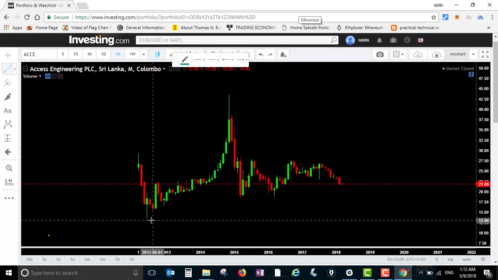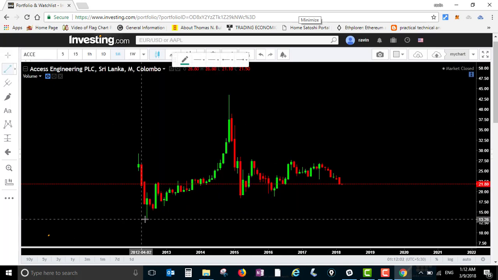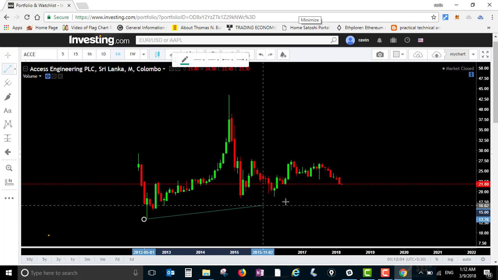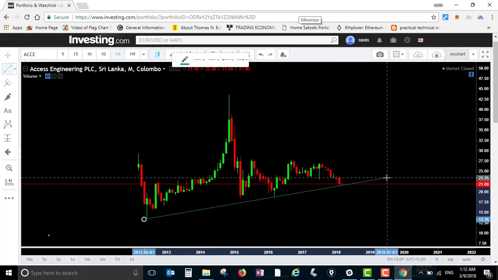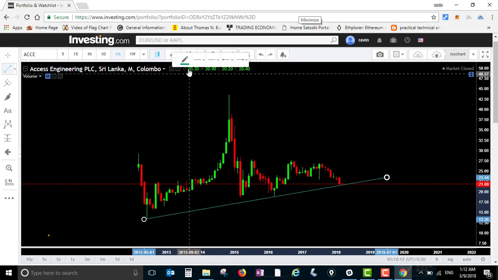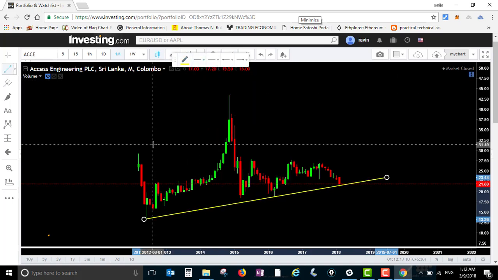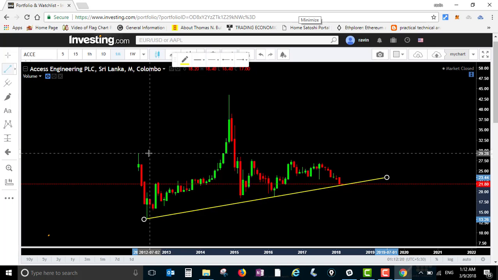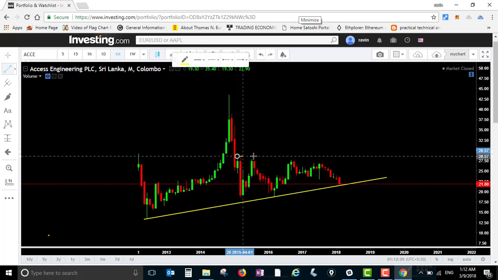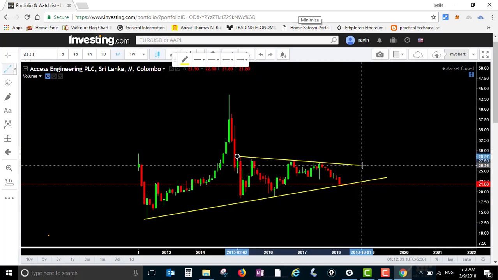Let's take a trend line tool. We'll draw a trend line connecting all the lower points. I'll make it more clear here. Then you can identify patterns within this chart and draw trend lines, draw the structure.